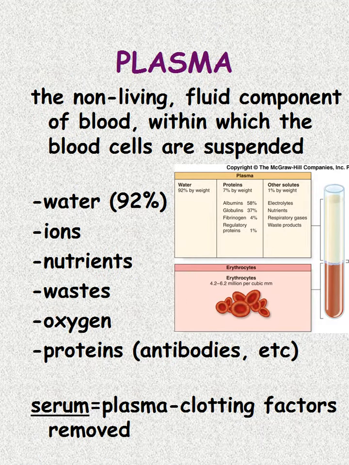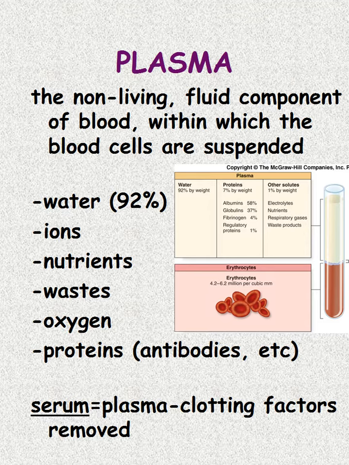Plasma is a complex mixture of water, proteins, and other solutes. The majority of plasma consists of water, which makes up about 92% of plasma, and it acts as a solvent for formed elements, solutes, and waste that are suspended in it.